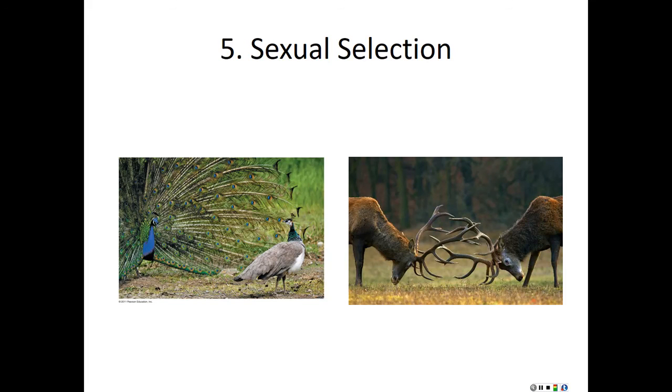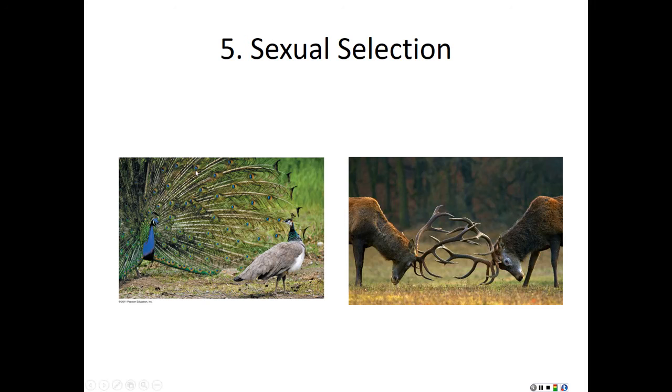There's what we call intersexual selection. This is also sometimes just called mate choice. This is where the female, usually it's the female that's the choosy sex, selects an individual of the opposite sex, in this case males, based on traits that she thinks make him look like a good potential mate.